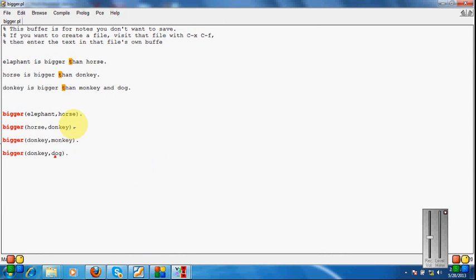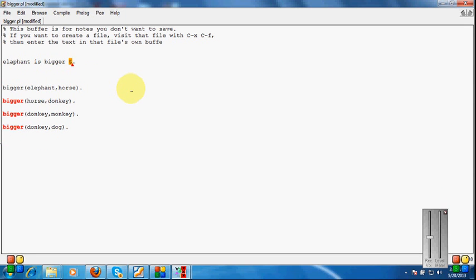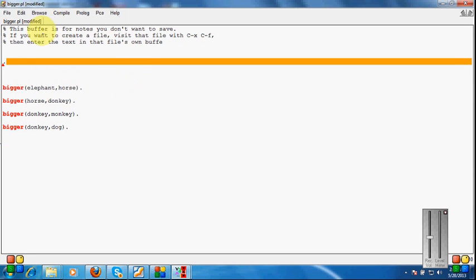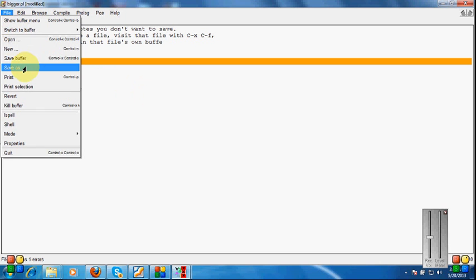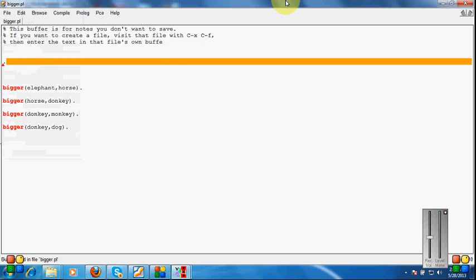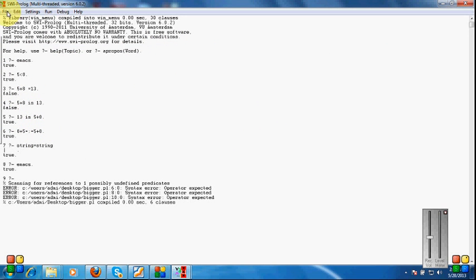Okay, is there any problem? Yes, there is a problem because I have also written these English statements, so there are some problems. I just remove these English statements from the program, otherwise this is not part of the syntax, only for explaining to you. Okay, save it, and now I will try to consult.